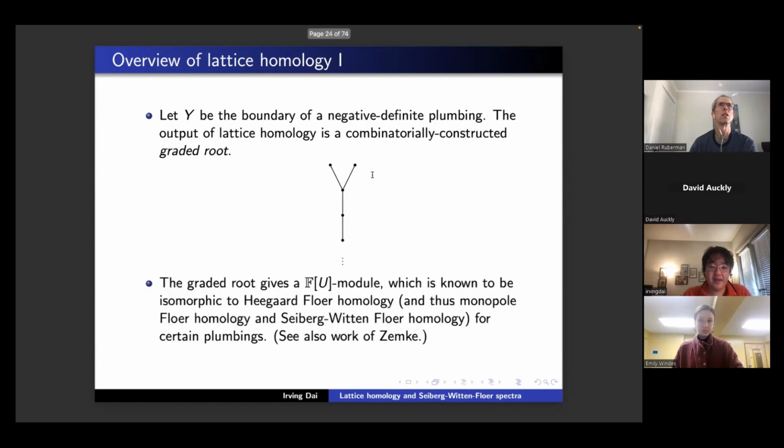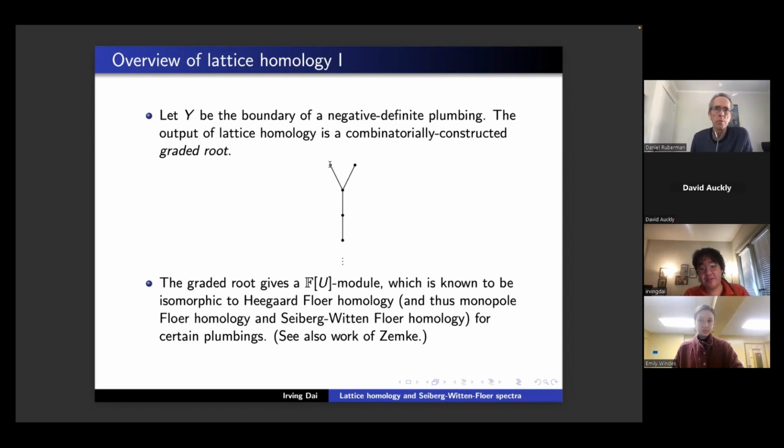This tree defines an F-adjoint U module by saying each vertex of the tree corresponds to a generator over F, the field of 2 elements here, and the multiplication by U is given by following the edges of the tree downwards.